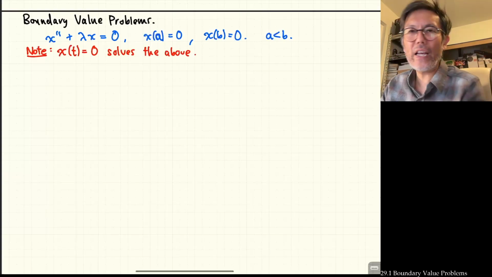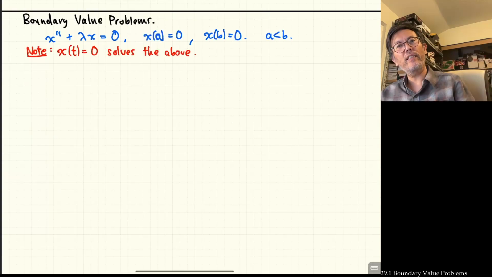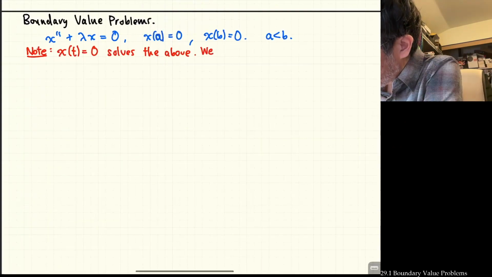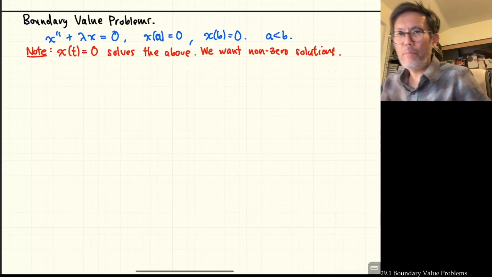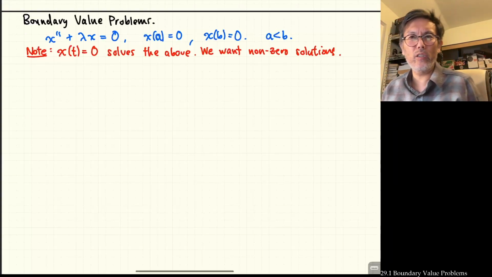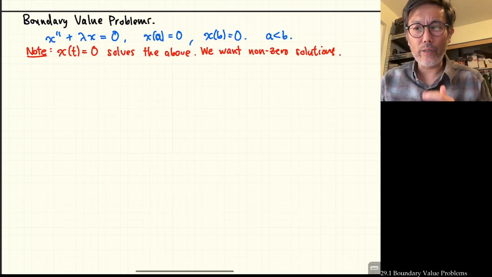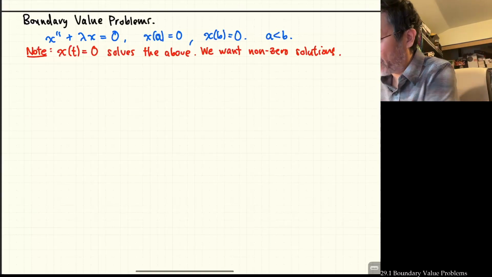But we think of that as being like the trivial solution. It's not very interesting. What we're interested in are non-zero solutions. And maybe there's something turning in your head a little bit because where else were we really interested in non-zero things? It's with eigenvectors and eigenvalues. This is going to come into play.